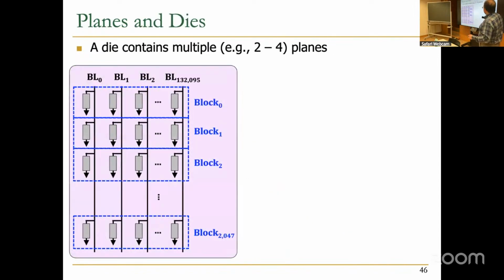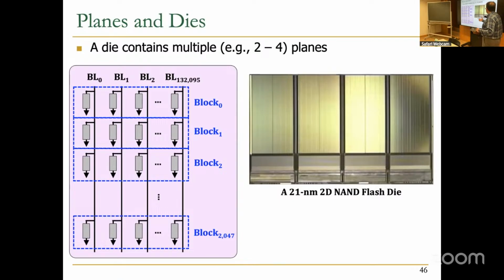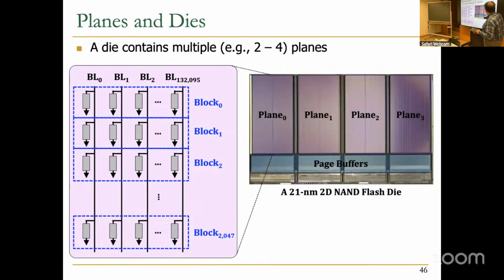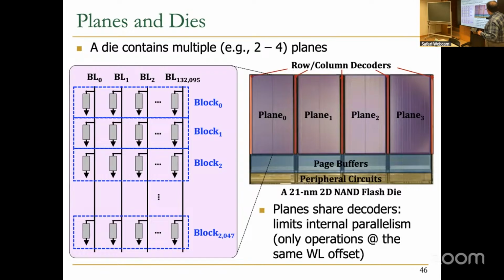And then another level of hierarchy, we have the die, which contains multiple planes, 2 to 4, for example. This is an example die from a 21 nanometer 2D NAND. And you can see we have 4 planes. Interestingly, these planes share row and column decoders, which means you can do parallel operations across planes as long as the offset is the same.